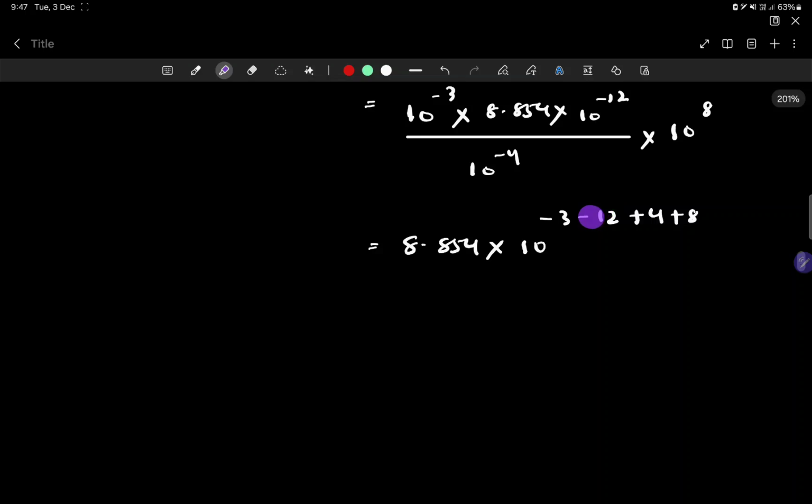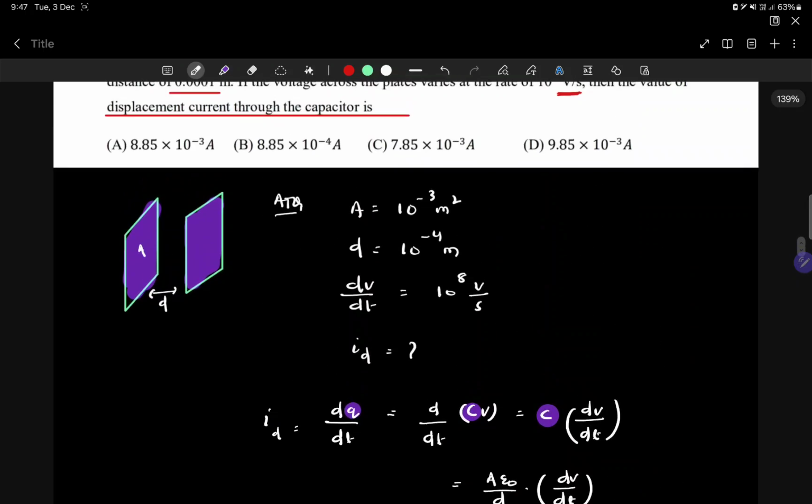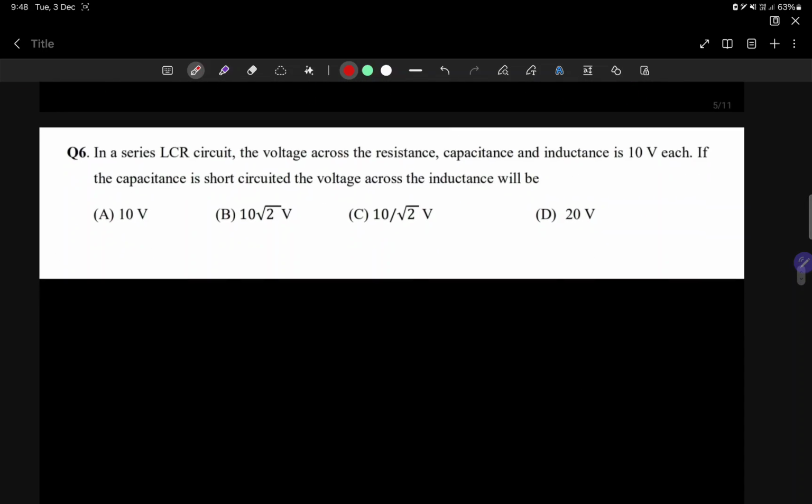So this is 0. So the final answer is 8.854 into 10 to the power minus 3 ampere. All are in SI units. So the first option is our right answer, 8.85 into 10 to the power minus 3 ampere. So this is all about question number 5.